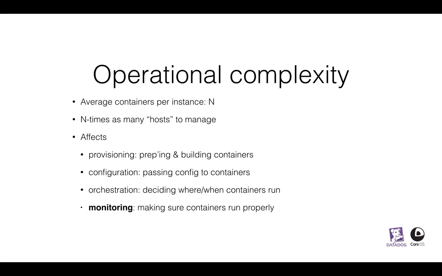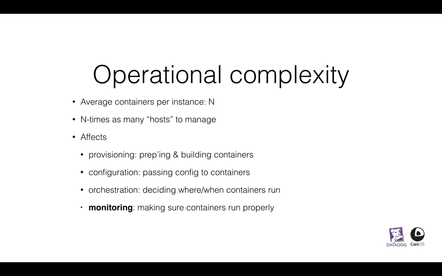Well, let's figure out a number for the average number of containers per instance. We have lots of customers that are monitoring their Docker or container infrastructure, and we see a large variance in the number of containers per instance. We definitely see some people using just 2 or 3.